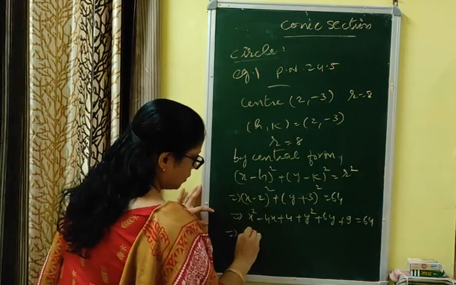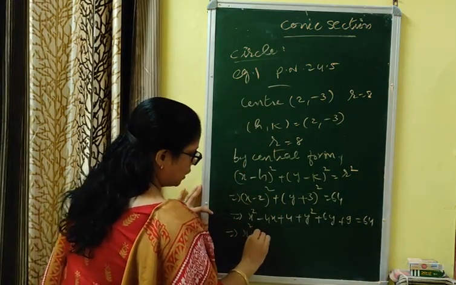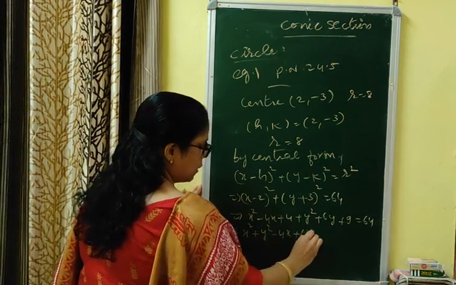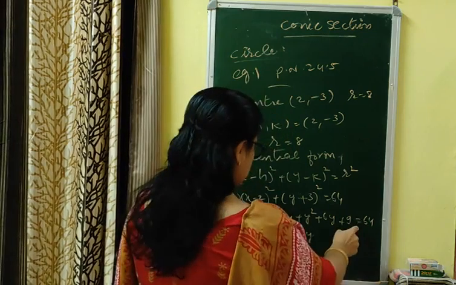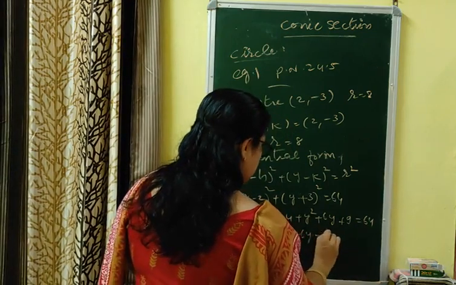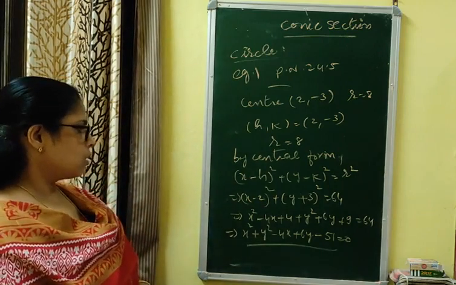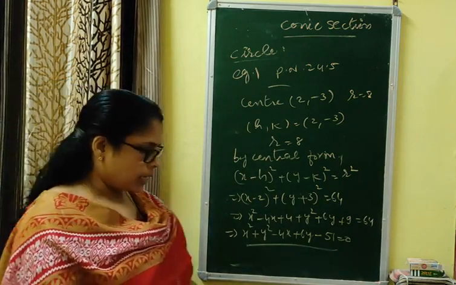Rearranging terms in descending order of degree, x square plus y square minus 4x plus 6y plus 13 minus 64, that is minus 51, is equal to 0. In this way you can find the equation of a circle in central form whose center and radius are given.